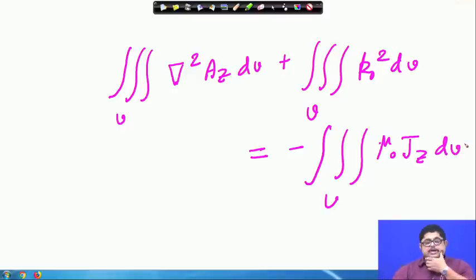This is the integration of the inhomogeneous Helmholtz equation. Now, there we have already simplified these: del square Az dV will actually be a surface integration. So, I can write that.